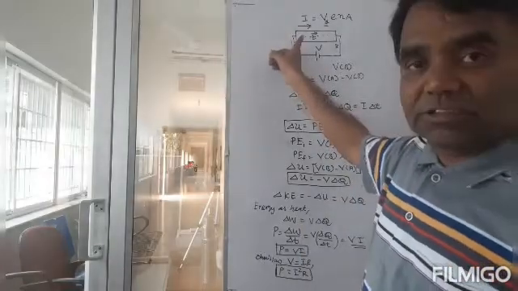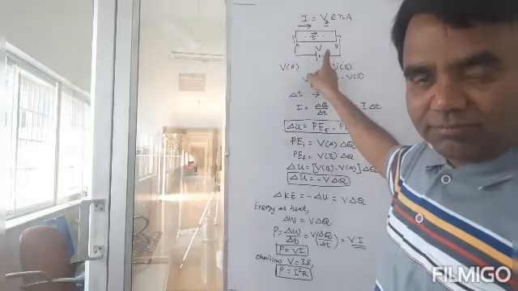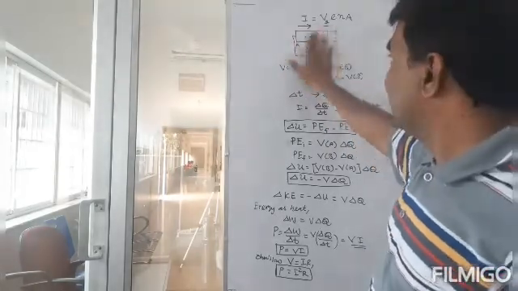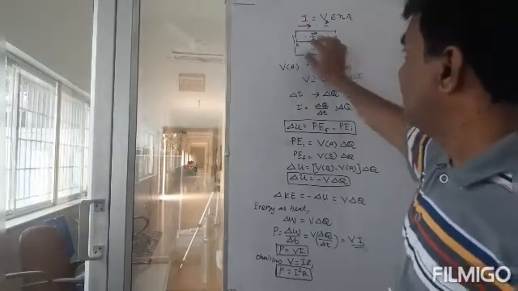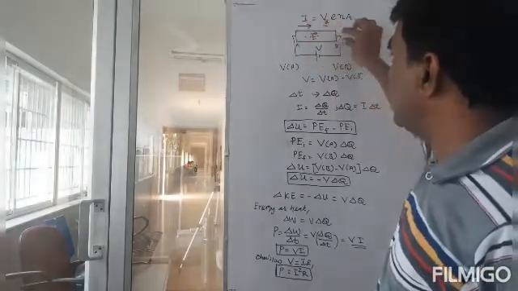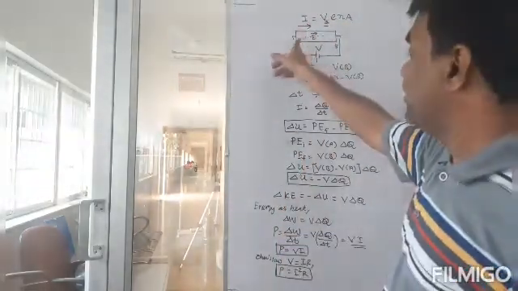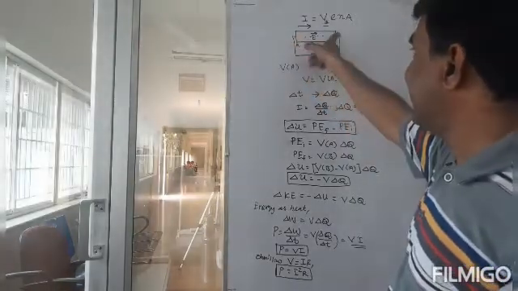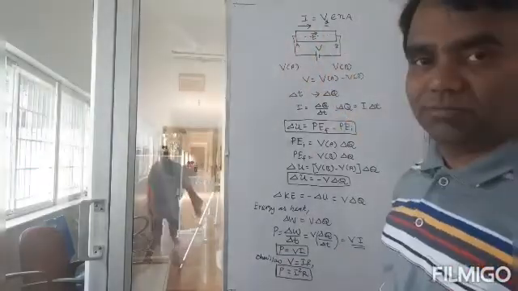When there is a field, a charge will get accelerated. If it is empty space, what would have happened? The charge that enters here would get accelerated and then leave the field, so the kinetic energy would have changed.